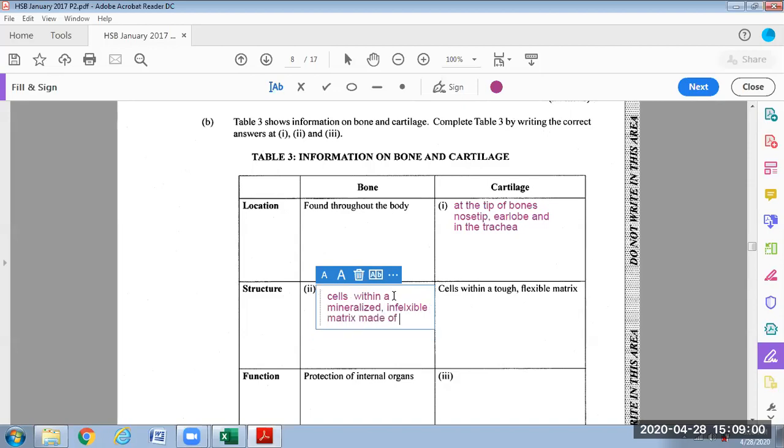Made of calcium phosphate. All right, so I just gave you a long answer here.